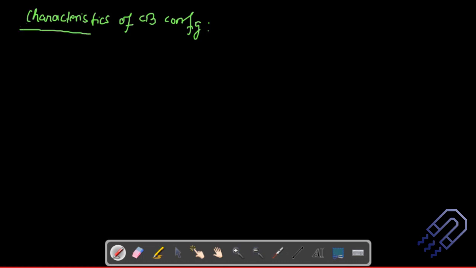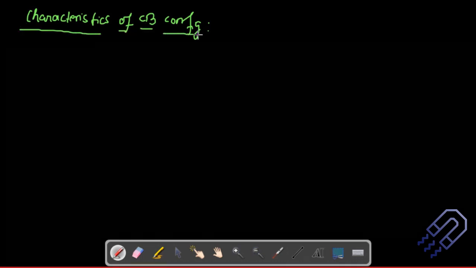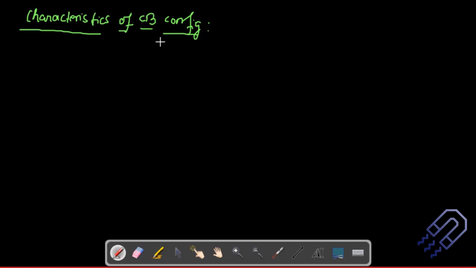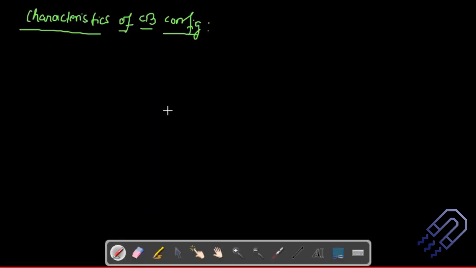Characteristics of common base configuration. Whenever we are going to talk about characteristics, it means that we are just going to plot a graph between voltage and current. So in the first part we are actually going to write down the input characteristics. So number one, let's take it as input characteristics.